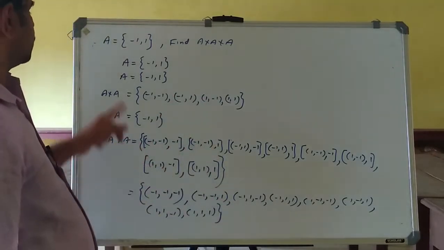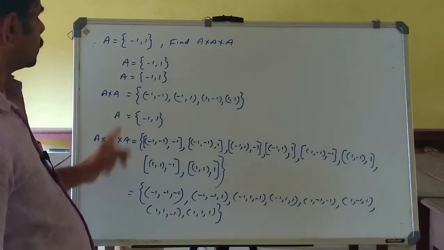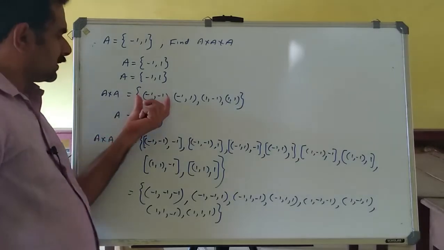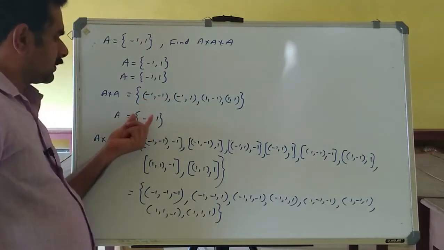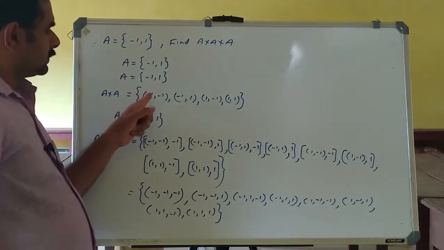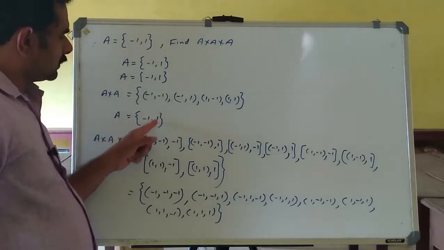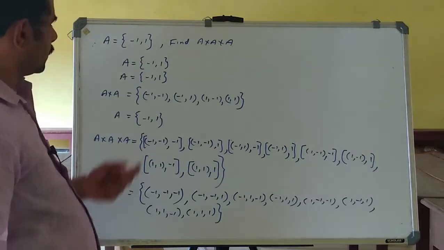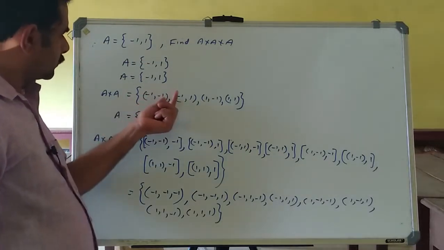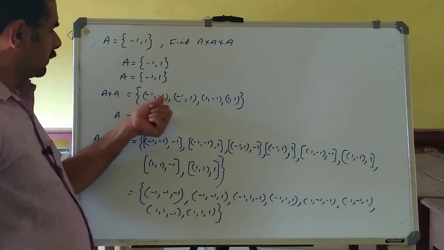So this is A cross A cross A. Very simple. First you consider this as an element: (-1, -1), then this -1. Second, (-1, -1), this one. Like this, and similarly for the rest.